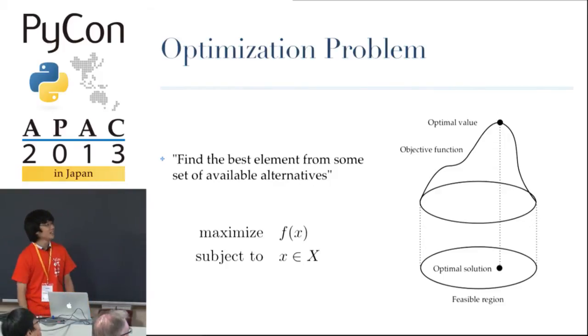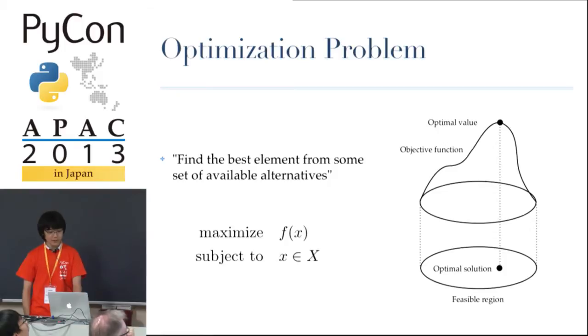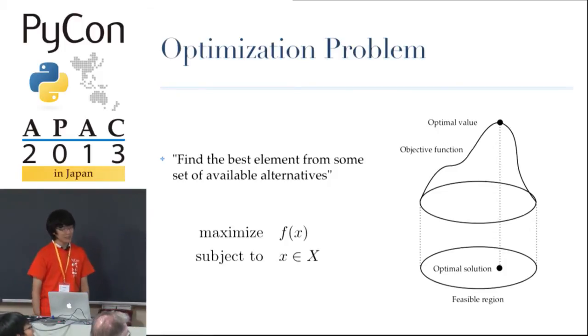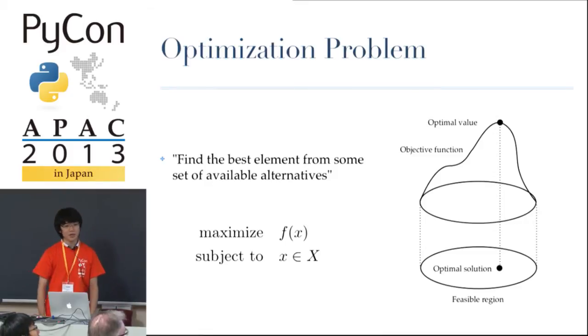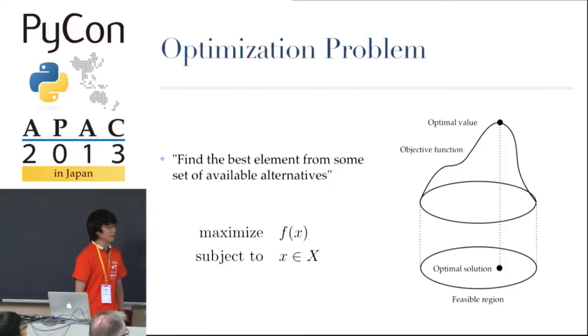Okay. Next, I introduce the optimization problem. What is an optimization problem? The common form of this problem is to find the best element from some set of available alternatives. This figure shows an image of an optimization problem.